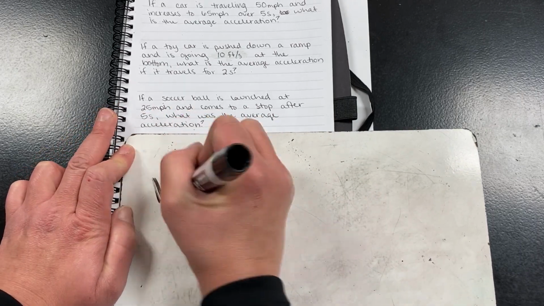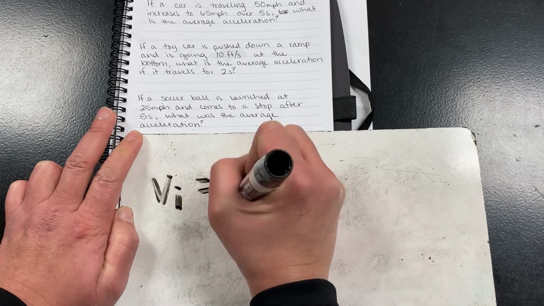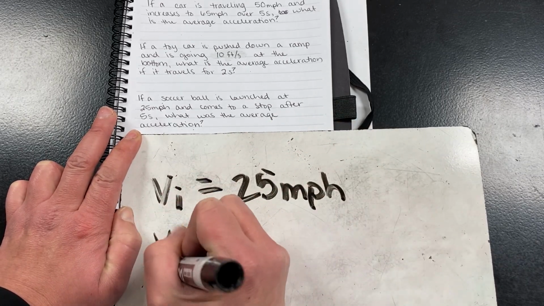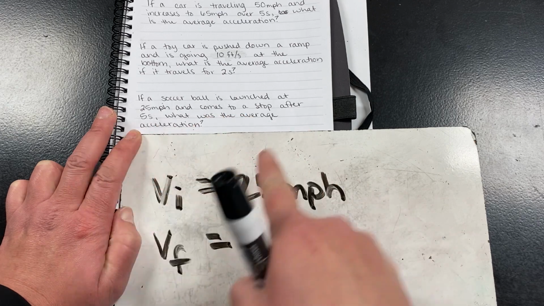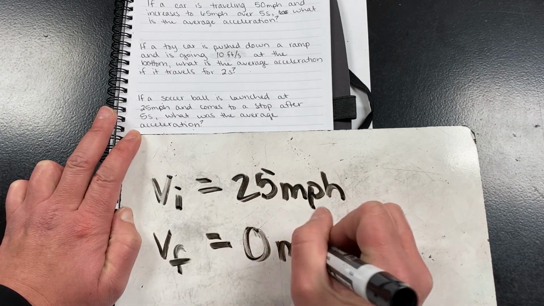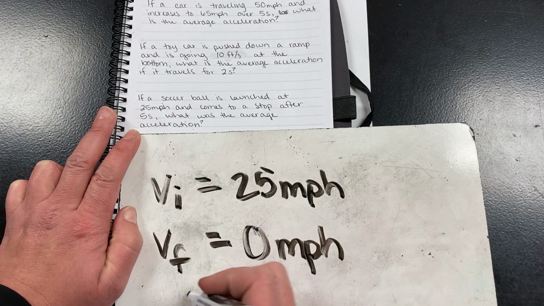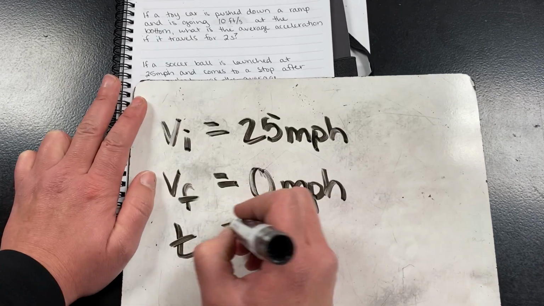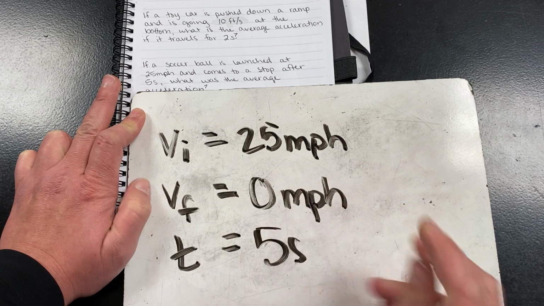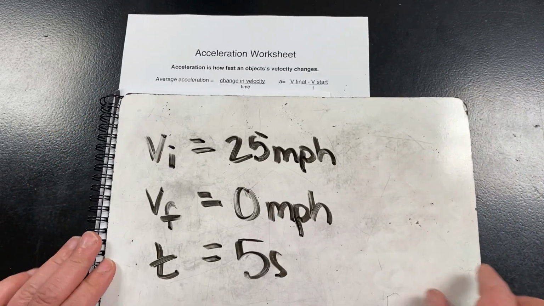So my V initial equals 25 miles per hour. My V final equals 0 because it's coming to a stop, miles per hour. And my time equals 5 seconds. And we want to know average acceleration.